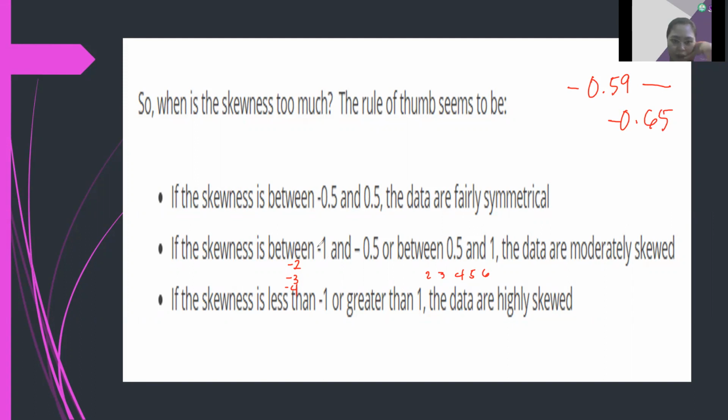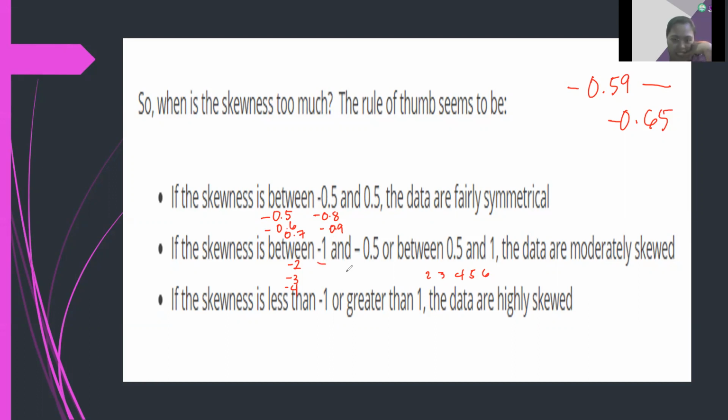Okay? Now this one, if the skewness is between -1 and -0.5 or 0.5, so that is from 0.5, 0.6, 0.7, 0.8, 0.9, and so on hanggang mag-1 siya.